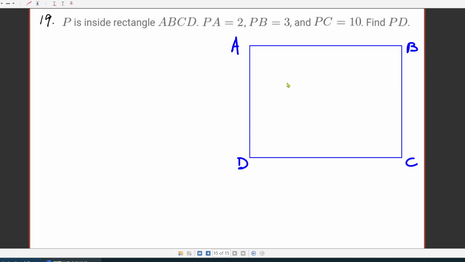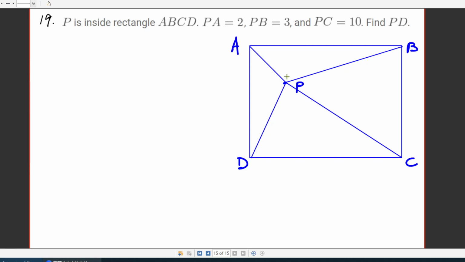Okay, let's say P is here, and PA is given, which is 2. And PB is here, which is 3. PC is 10. And PD is the desired length, right?